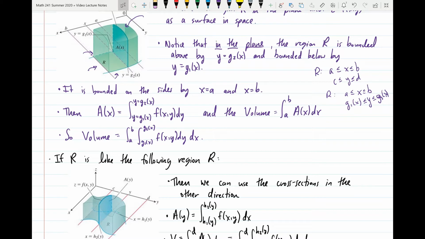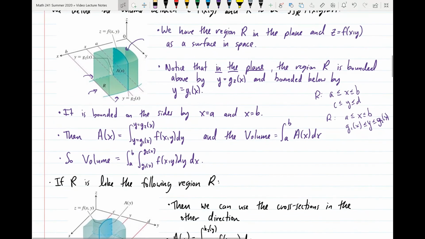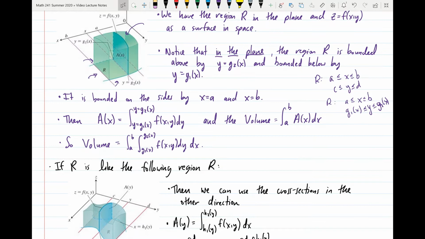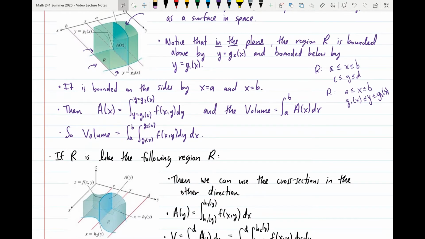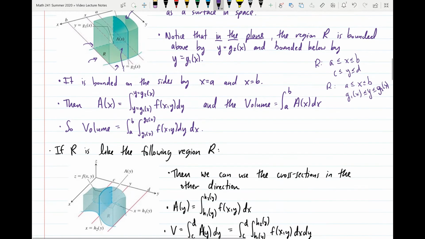So our region R is going to be bounded below and above by these two functions g sub 1 of x and g sub 2 of x, and it's bounded on the sides by constants, x equals a and x equals b. Then the area of that cross section inside of our solid here, A of x, which is right in here, is going to equal the integral from g1 of x to g2 of x of our function f of xy dy.